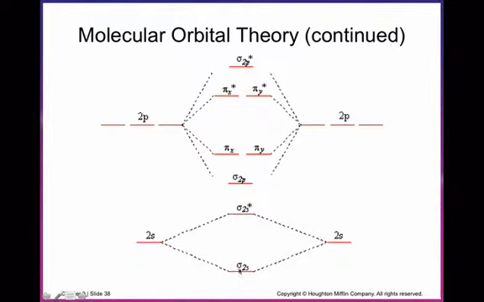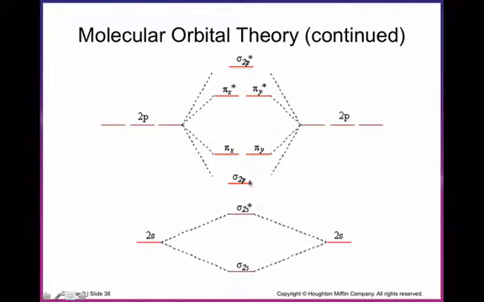So we can see this is sigma 2s and sigma star 2s for your s's here. The s has 1 orbital, so it formed 2, the bonding and the anti-bonding. The 2p's have 3 orbitals, so you can see that they formed 6 molecular orbitals. We have the sigma, which will always go first, and then we have the 2 pi's.